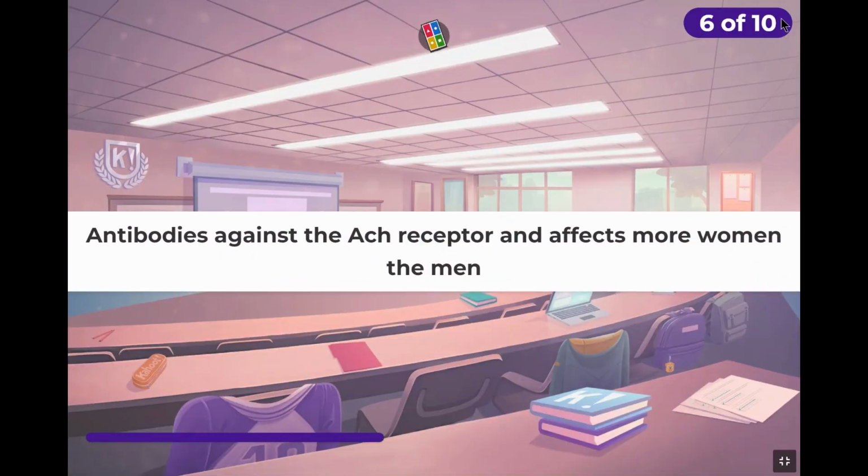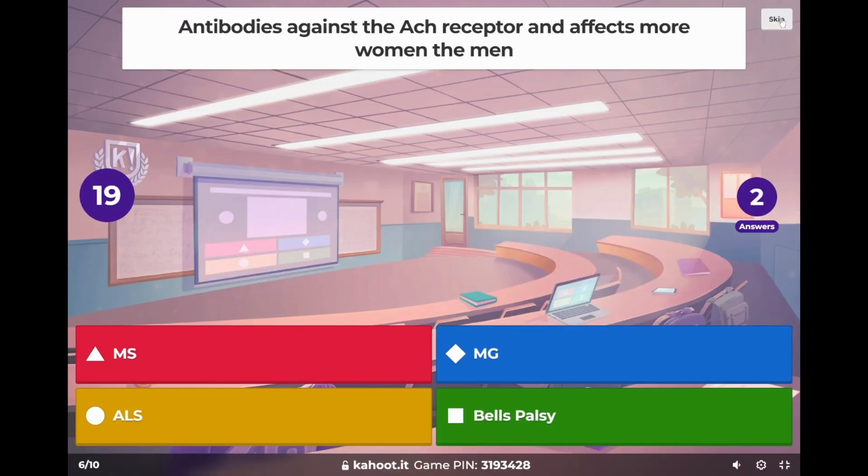Okay, antibodies against the acetylcholine receptor, and it affects more women than men. So we're talking about the acetylcholine receptor on the postsynaptic side. So which disease attacks the postsynaptic side?